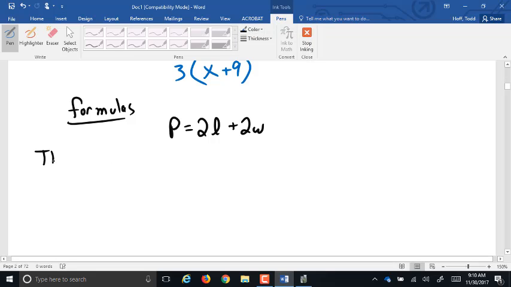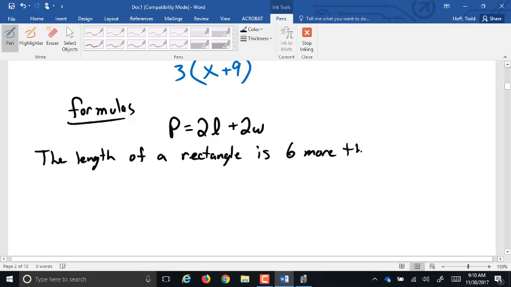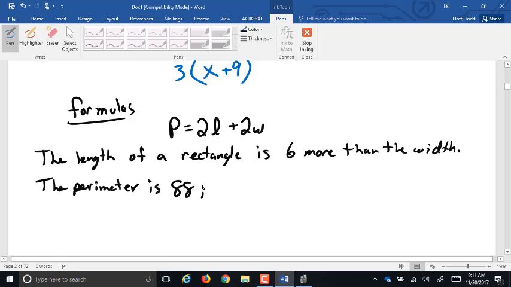If we are told that the length of a rectangle is 6 more than the width, the perimeter is, oh, what do I want to put in here? 88 inches. Find the length and the width.